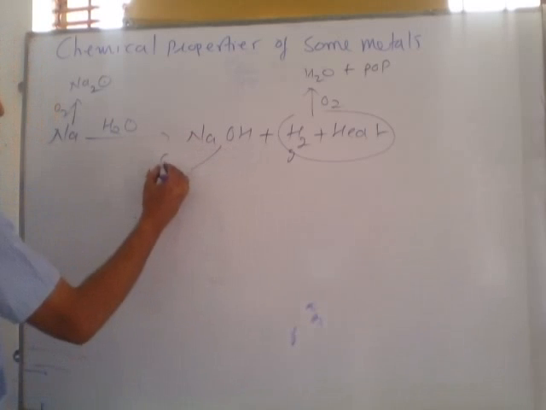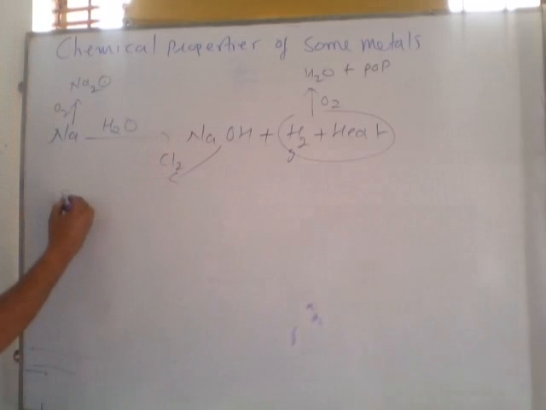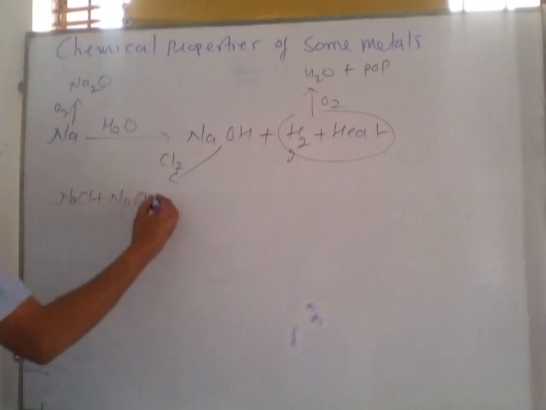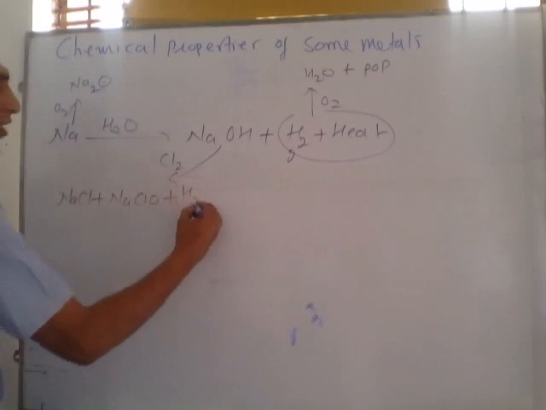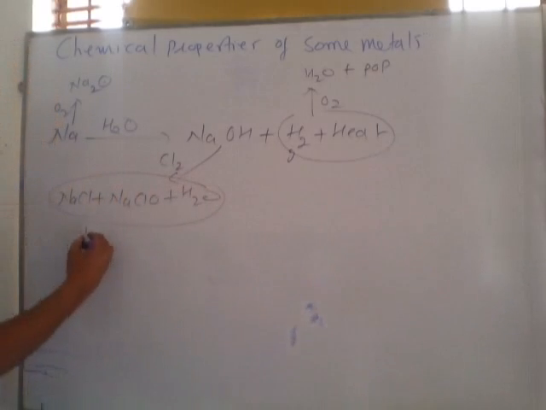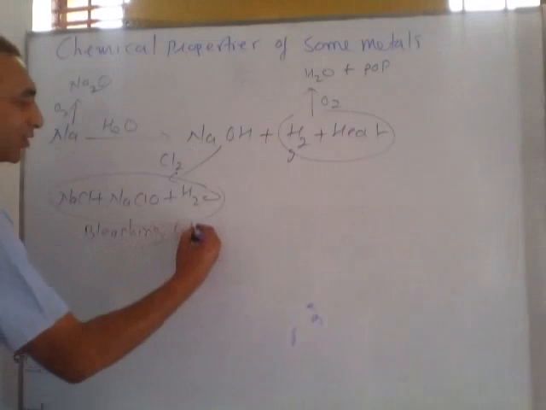If we pass chlorine gas into NaOH, then 3 compounds are formed: NaCl, NaClO along with H2O. This solution is called bleaching solution.